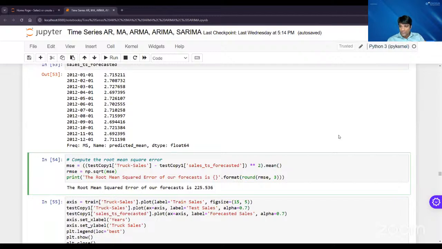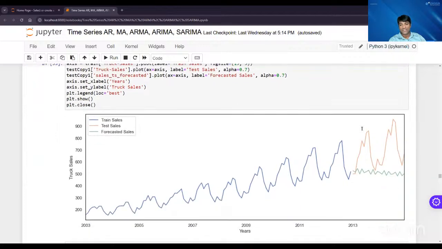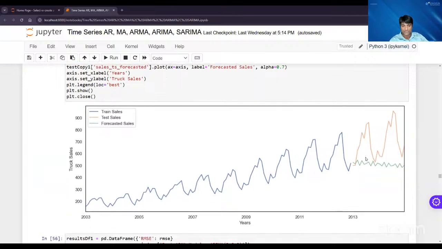So it is very important for us to identify that there isn't much difference. It has to be as close to 0 as possible, right? And now going down to plot the sales, you can see that the forecasted values are somewhat better compared with the tested values, but still they are not that great, right?